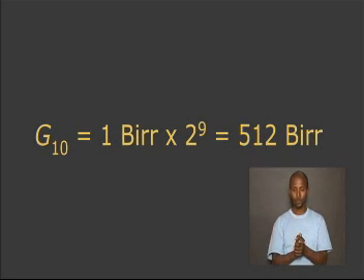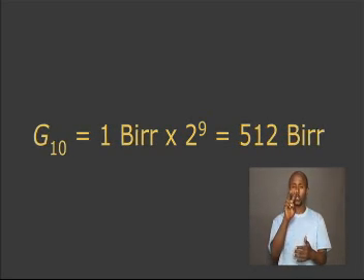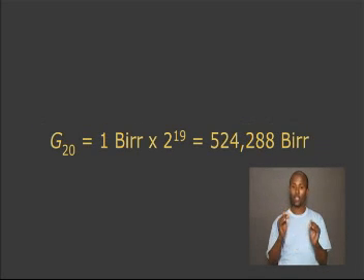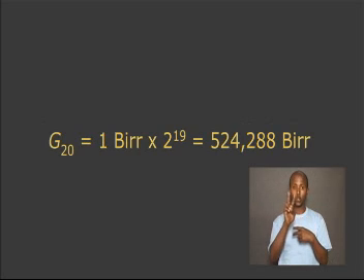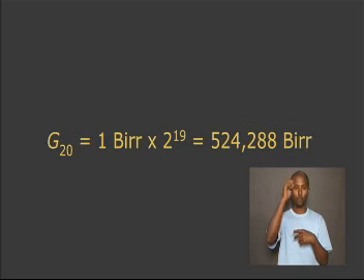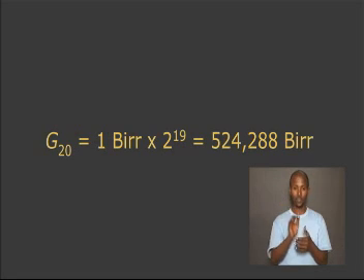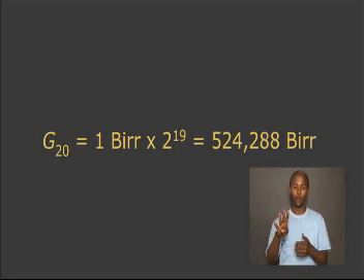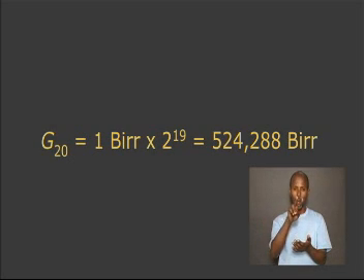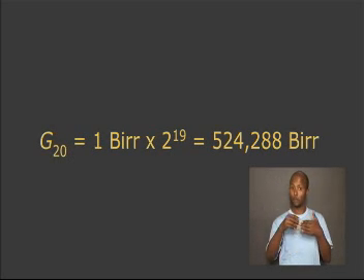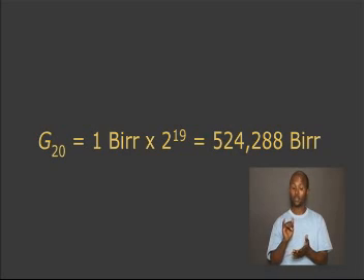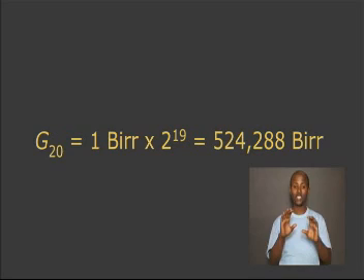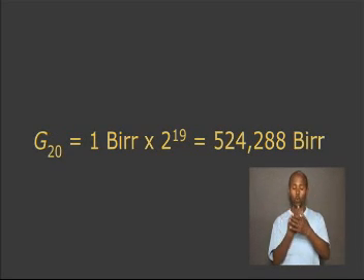What about 20 weeks? G20 equals 1 times 2 to the power of 19, or 524,288. That is far too much. What if the class saved for only 15 weeks?